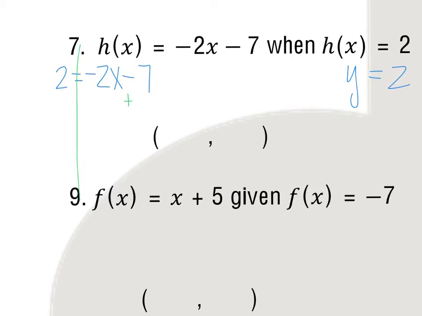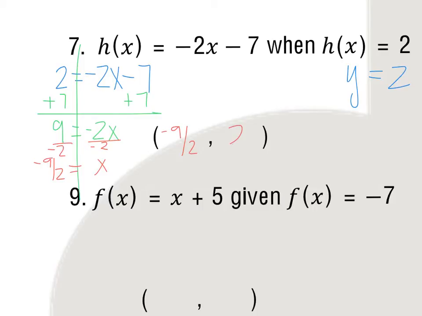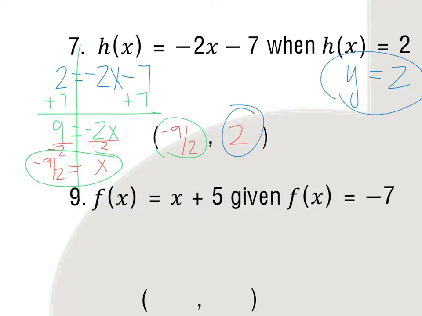We add 7 to both sides: 2 plus 7 is 9 equals negative 2x. Then we divide both sides by negative 2, so x equals negative 9 over 2. So that tells us our ordered pair is negative 9 over 2, comma 2, because we got that x equaled negative 9 over 2, and it told us originally that y was 2.